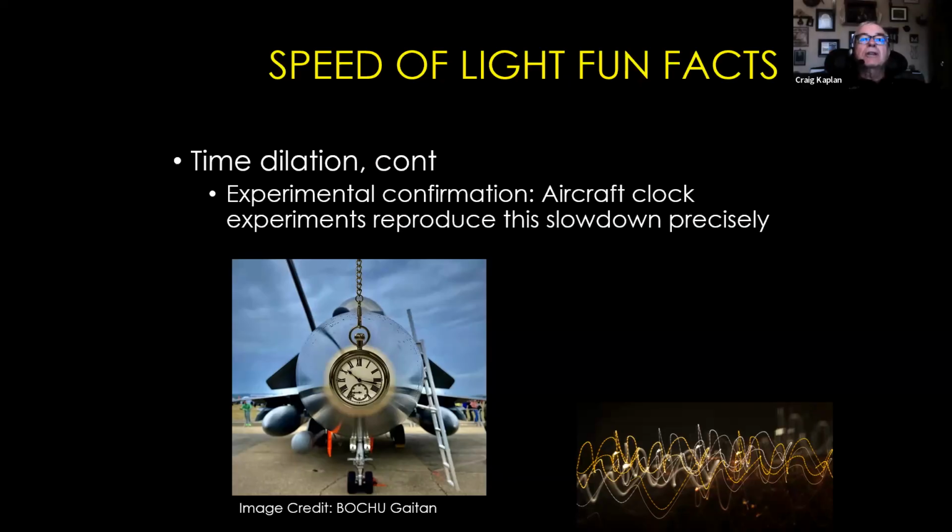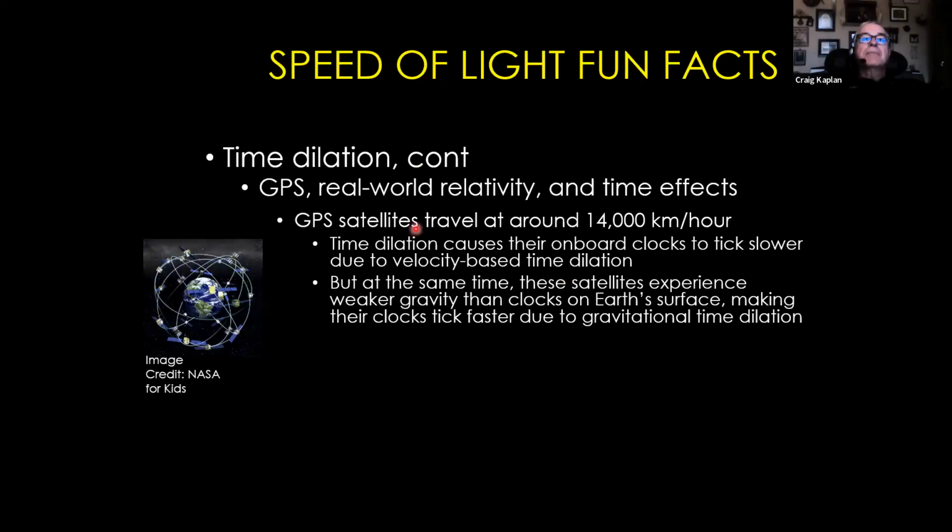Another way we know this is through the GPS system, the satellites that circulate and enable us to know our position on Earth. The GPS satellites travel at about 14,000 kilometers per hour. Time dilation at that speed causes their onboard clocks to tick slower due to velocity-based time dilation.